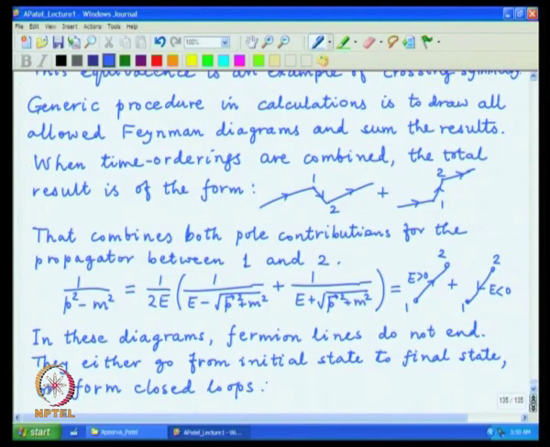This is an example of the superselection rule which I mentioned while describing Lorentz symmetry, that the bosons and fermions form different sectors. The vacuum belongs to the bosonic sector and a single fermion belongs to the fermionic sector. There is no way one can superimpose one with the other.